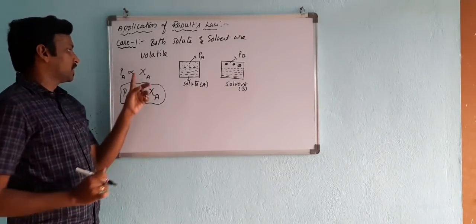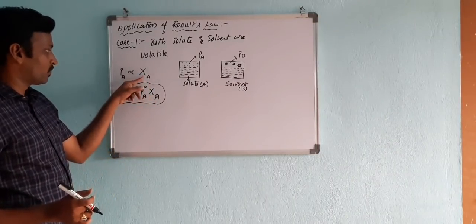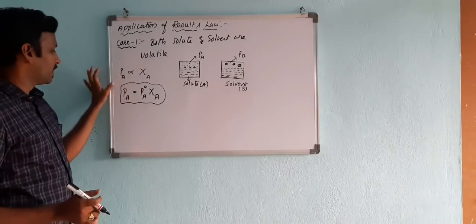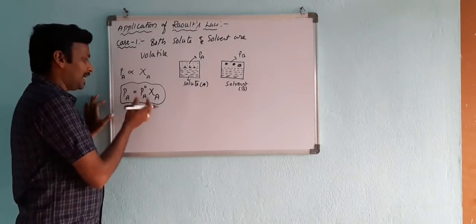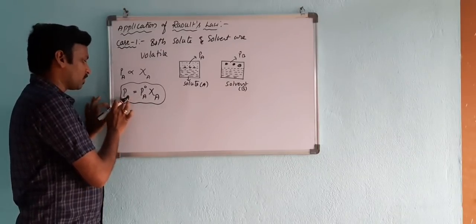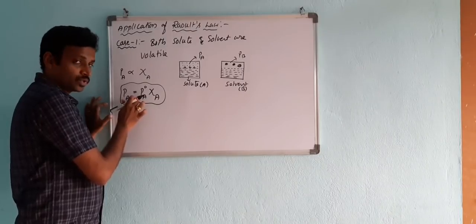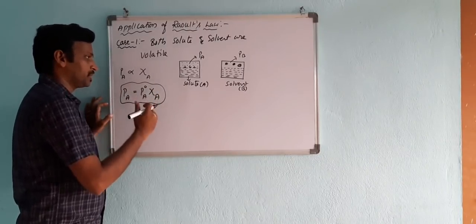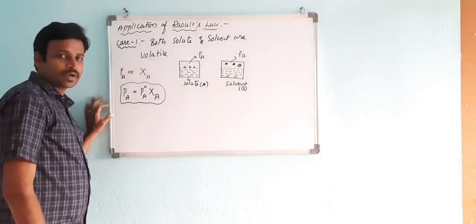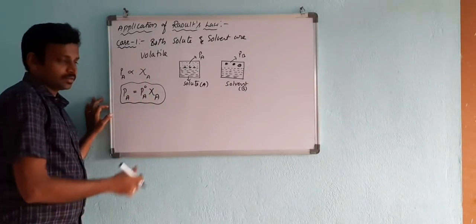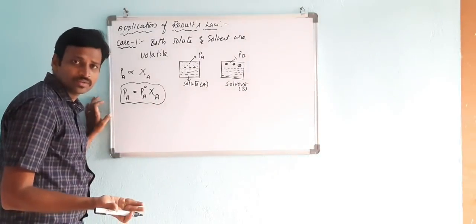I told you previously at the time of Raoult's law, if the mole fraction of A is almost 1, the solute is very pure. So what is the difference between PA and PA naught? Both are the vapor pressure of solute only, but PA naught is for high purity, only solute present. If the mole fraction of A is exactly 1, then PA is equal to PA naught.